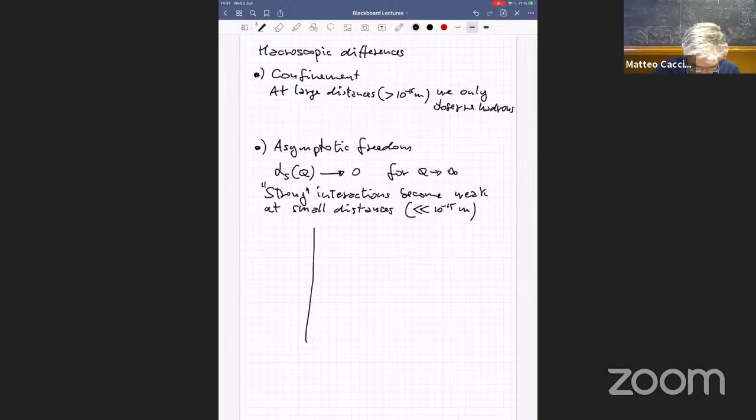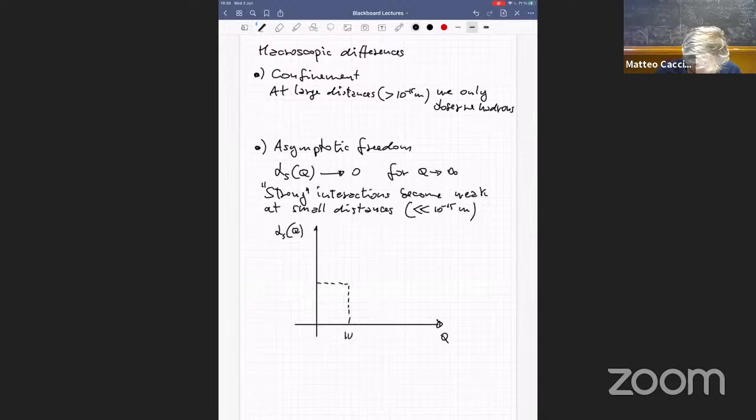And this weakness is given by this typical plot of alpha S of Q as a function of Q. So a typical number could be, let's put it here, about 100 GeV, it's order 0.1, let's do more like 0.1 perhaps.